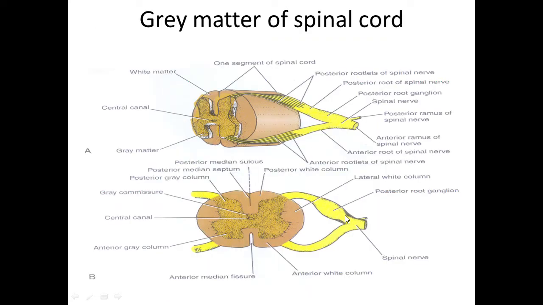Now the grey matter of the spinal cord, as we have seen, is H shaped, and this grey matter consists of neurons.